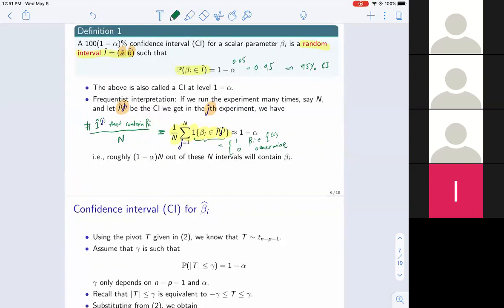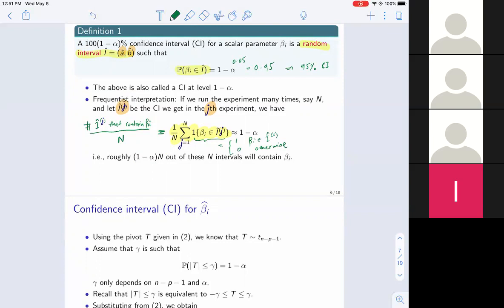The probability tells you what happens if you repeat the experiment infinitely many times, basically. It tells you what happens for the ensemble of all the experiments you run. For a given particular experiment, for a given data set, for a given realization, there's nothing that you can say. But if you repeat the experiment many, many times, that's the frequentist meaning of the probability.